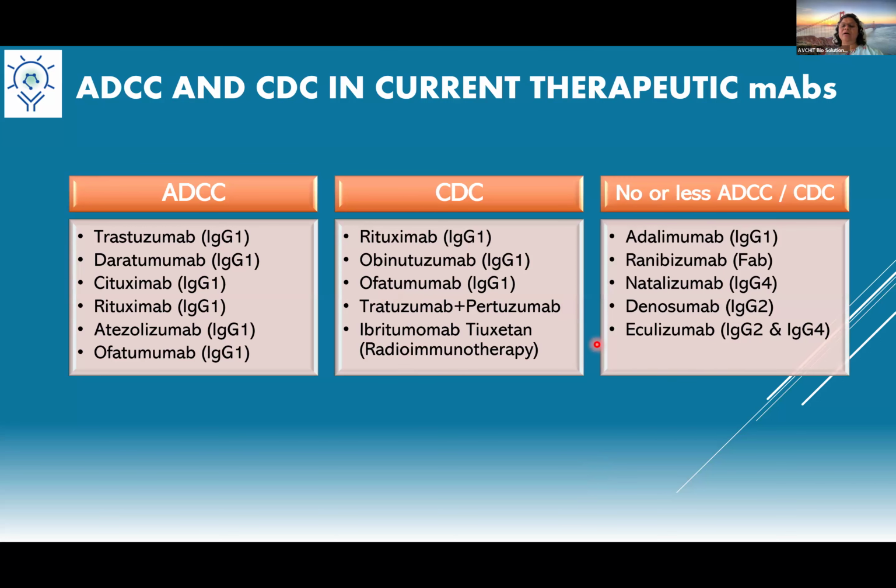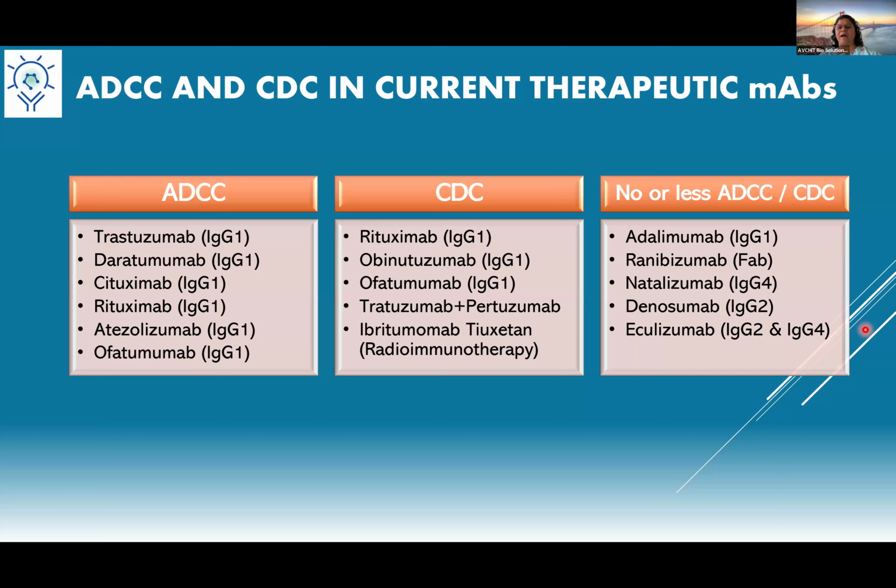Let's look at the other molecules that do not bring about ADCC and CDC. One of the example is adalimumab, as we discussed in the previous slide. Adalimumab, though IgG1 molecule, it is majorly known to bind and sequester the soluble TNF alpha present, and therefore it does not sequester the TNF alpha on the cell membrane majorly, and therefore it will not show any ADCC or CDC activity.